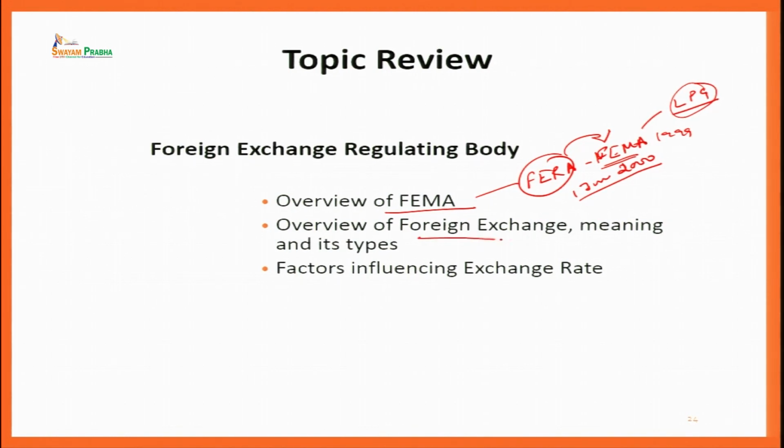We talked about the meaning of foreign exchange, we talked about the different types of foreign exchange, and we also recently discussed the factors affecting foreign exchange. We also came to know that certain countries are trying to keep their exchange rate fixed by pegging their currency with some well-known established currency like the US dollar.